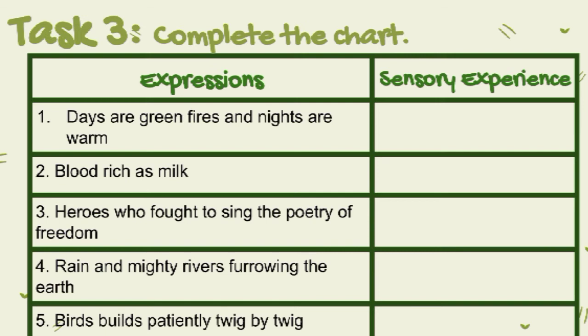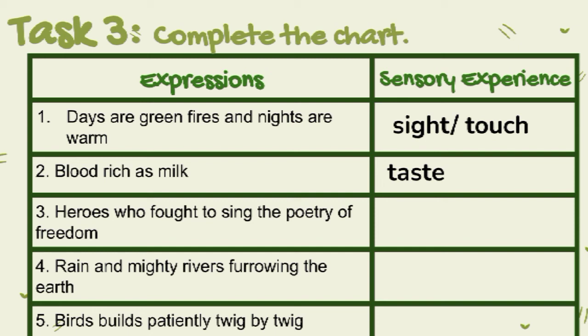Task 3. We're going to complete the chart. Number 1. Days are green forests and nights are warm. It is sight or touch. Number 2. Blood rich as milk. It is taste. 3.